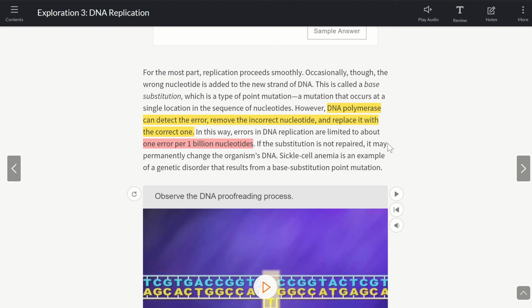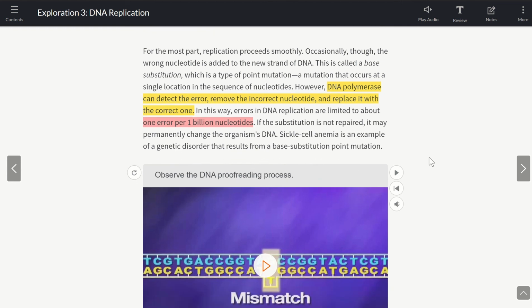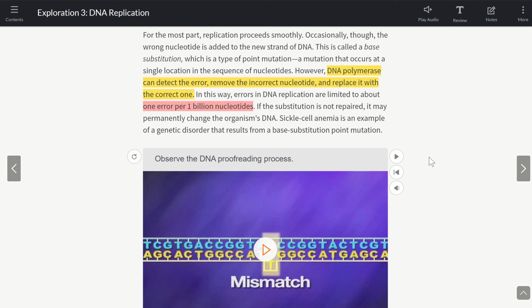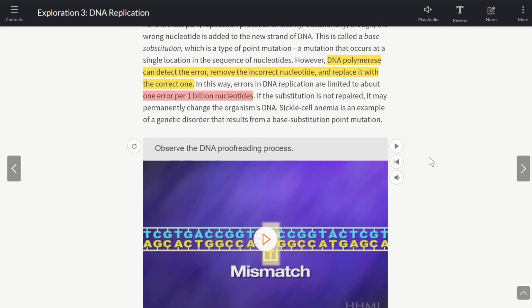Now, it doesn't catch everything, but it does catch a lot of things. There's an error rate of about 1 in every 1 billion nucleotides that are added, which is substantially better than any of the autocorrect mistakes that you're probably familiar with in a text message. So this process is really cool, very reliable, with very few errors.